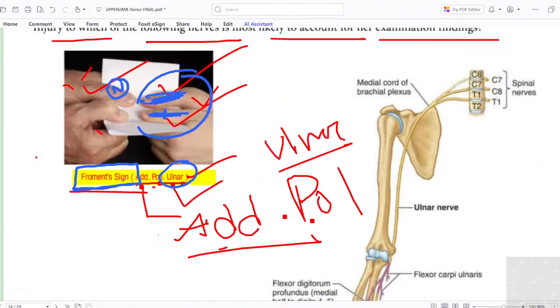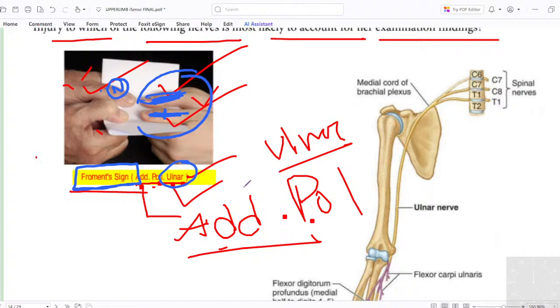When we read part B, we will cover all the movements of the thumb: adduction, abduction, circumduction, opposition. Thumb adduction is mainly provided by the ulnar nerve. We will see it after two or three pages.